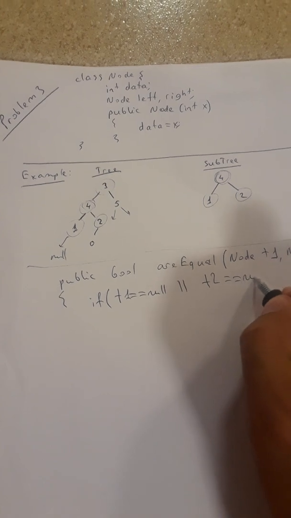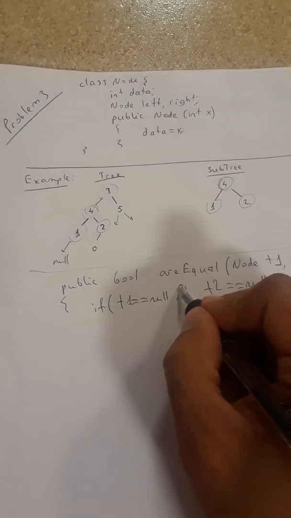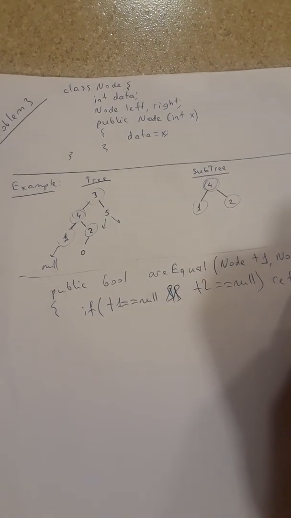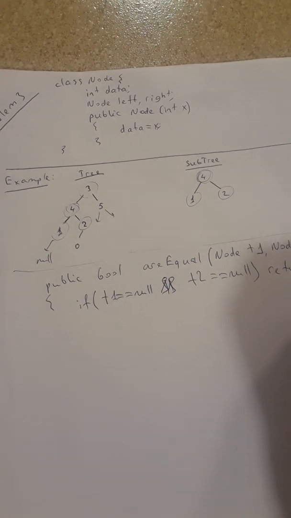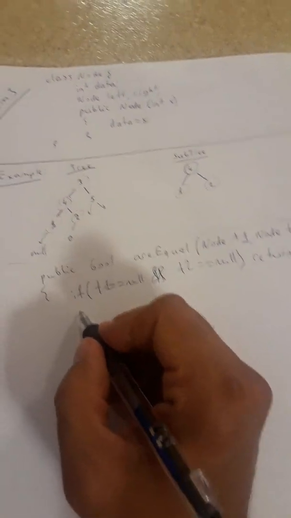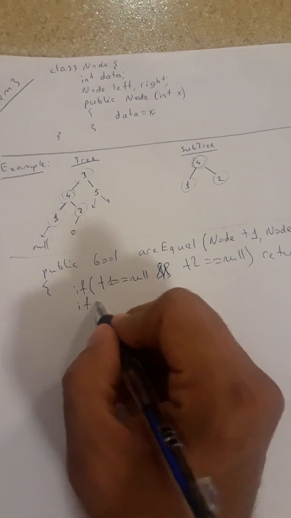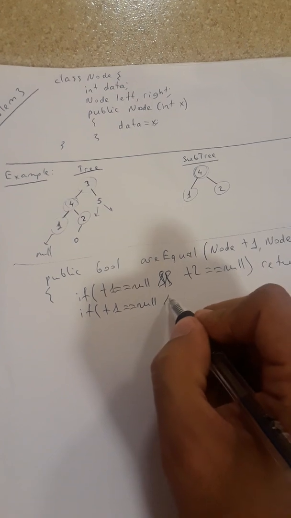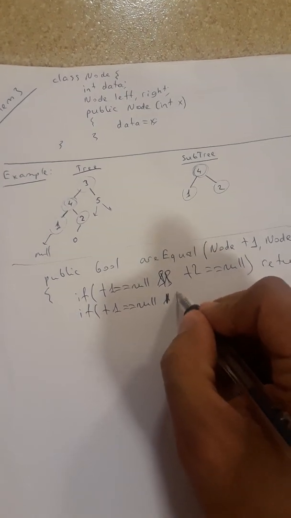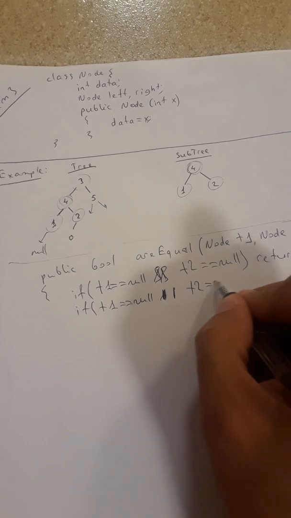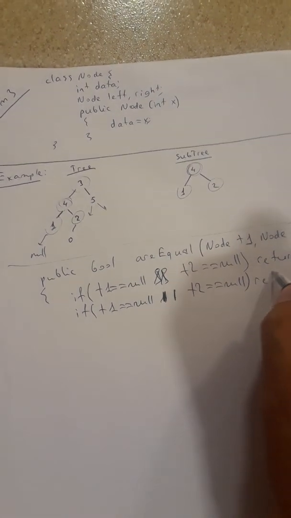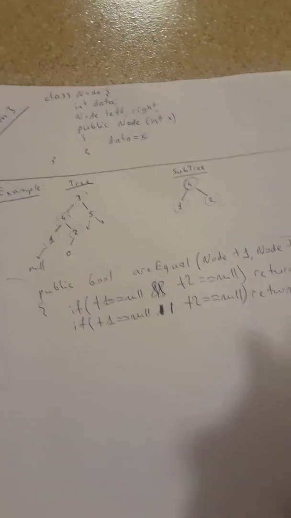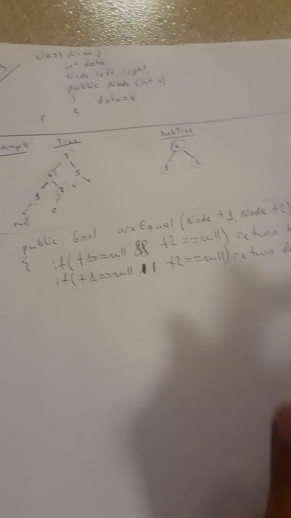So if they're both null, I will use and instead of or, and I will return true. But if just one of the nodes is equal to null, I will return false, meaning that those nodes are not equal to each other.